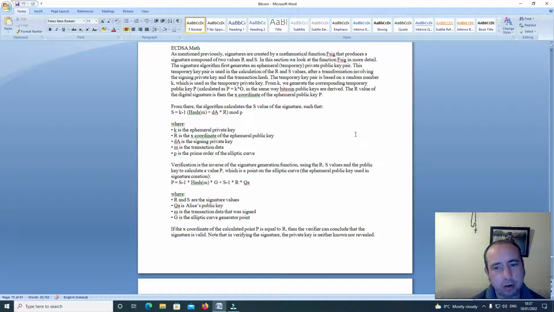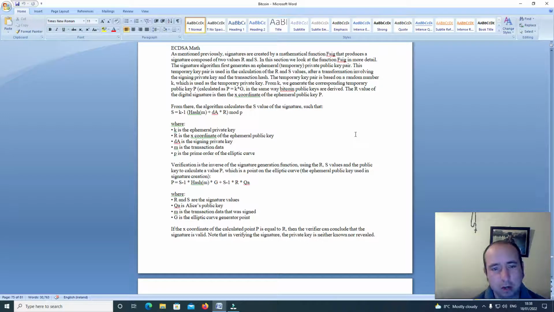The temporary key pair is based on a random number K, which is used as the temporary private key. From K we generate the corresponding temporary public key P, calculated as P equals K * G, in the same way Bitcoin public keys are derived.